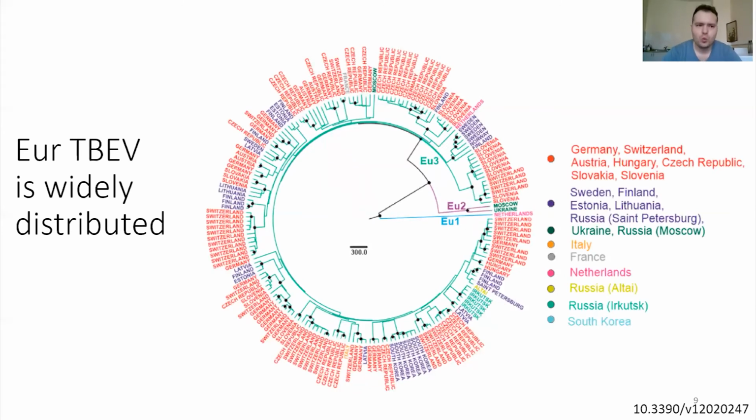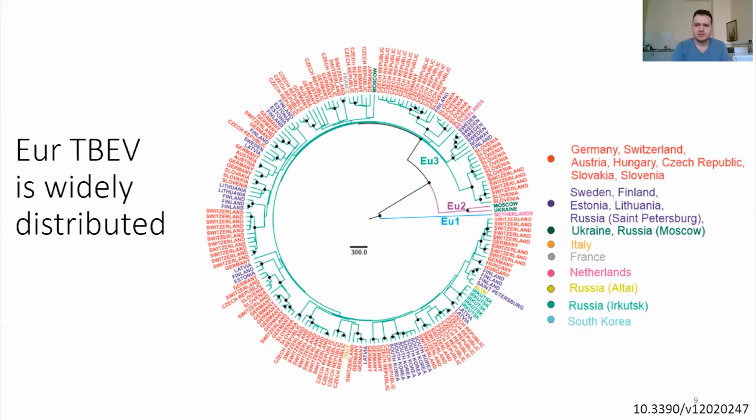When we tried to analyze different subtypes separately, we could see that different geographic regions are phylogenetically connected. In this phylogenetic tree, sequences were colored according to geographic region of isolation, and all the TBEV distribution areas were subdivided by me into different geographic regions.